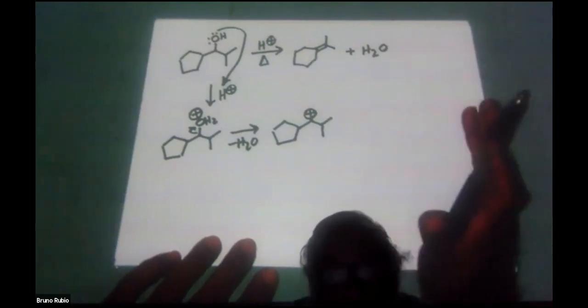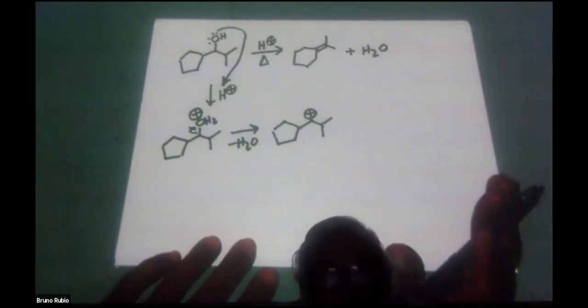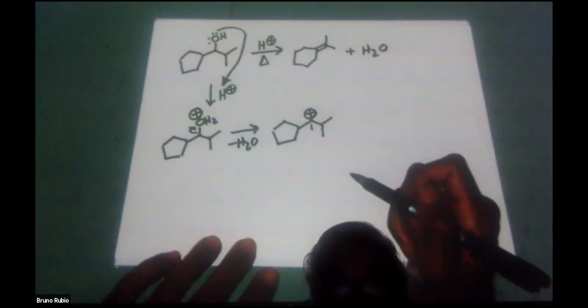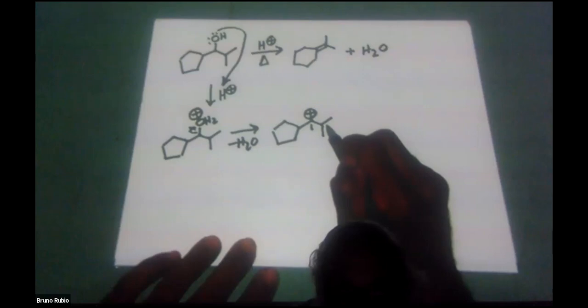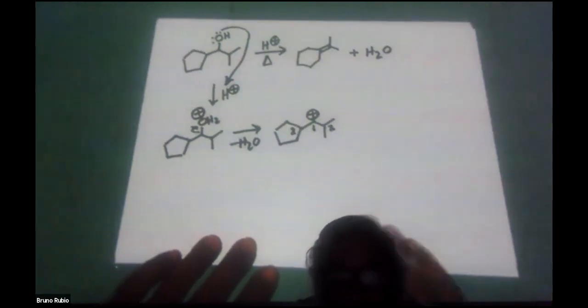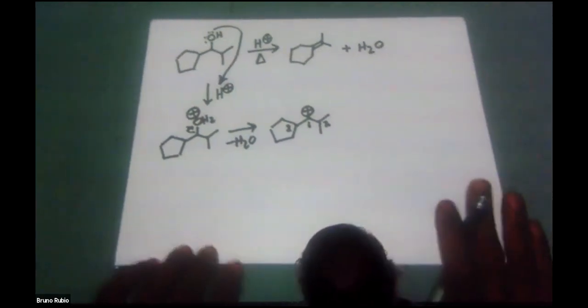By a carbocation rearrangement. So let's remember how a carbocation rearrangement works. We call the carbon that has the positive charge carbon 1. Neighboring carbon is carbon 2. So this guy has two neighboring carbons. It has two carbon 2s.